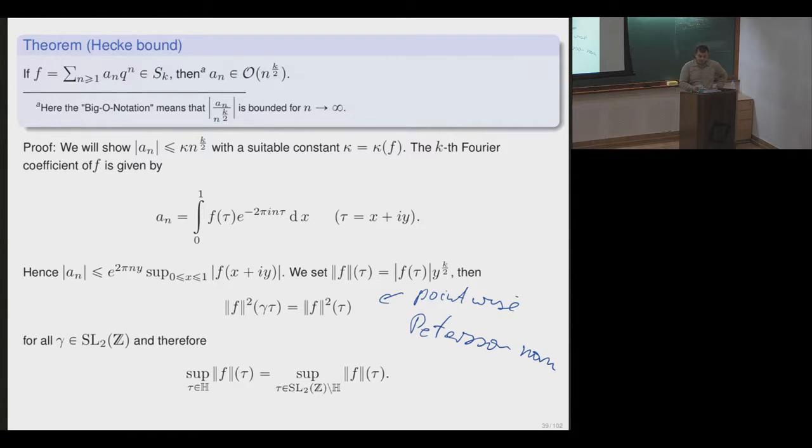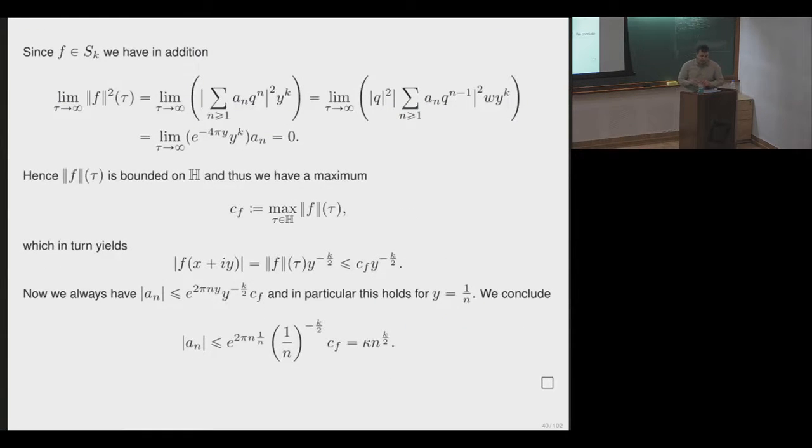So you have this quantity, which is invariant under SL2(Z), but now you have a cusp form. This means that your norm is invariant under the group, but as you have a cusp form, you will see on the next slide that if you go to the boundary, then this norm will go to 0.